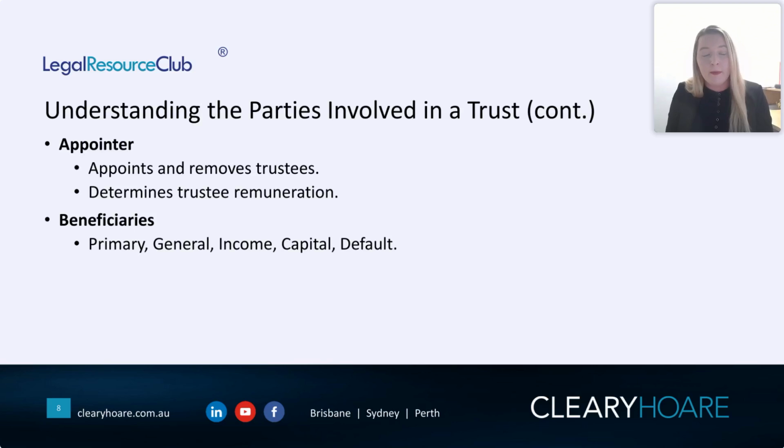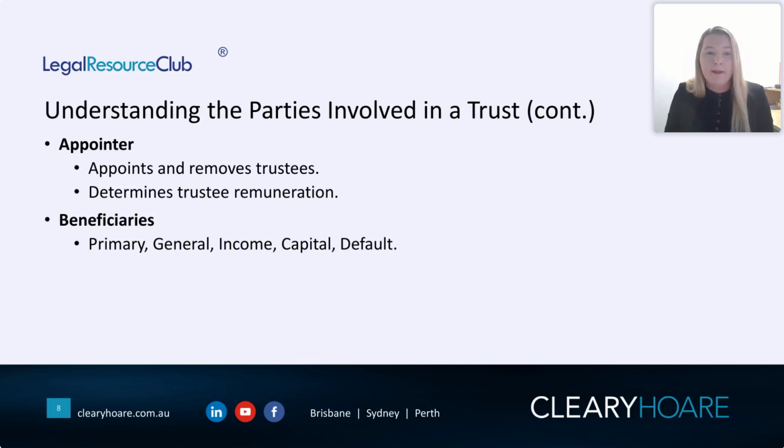So you have mum and dad as primary beneficiaries, and then in terms of the general beneficiaries, it might be the children, grandchildren, great-grandchildren, siblings, cousins, parents, related companies and trusts of them. So you don't need to name and specify every single beneficiary within the trust, but you do need to have some identifiable people, and then you can define the rest of the beneficiaries with reference to them.